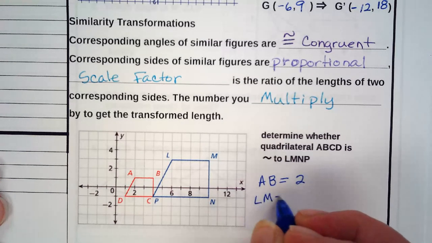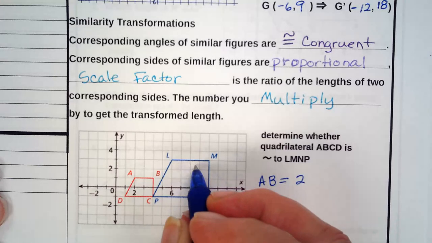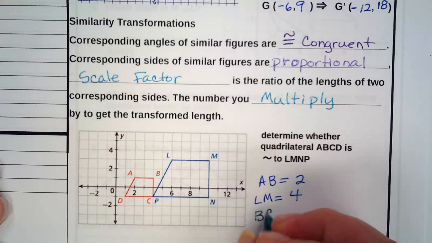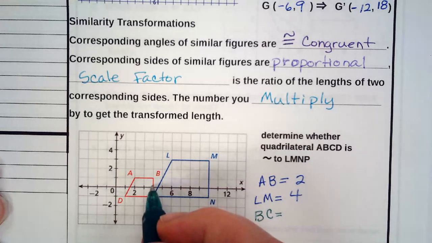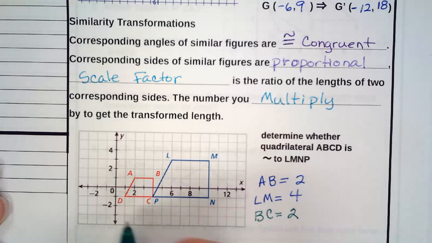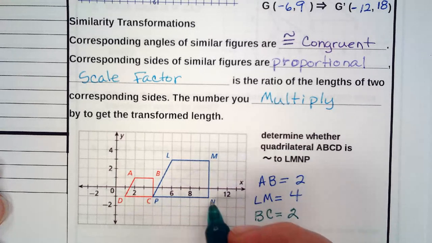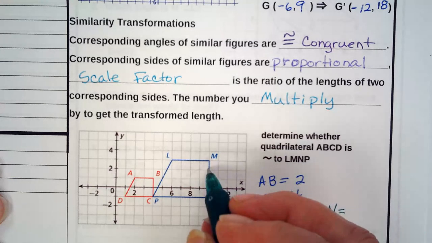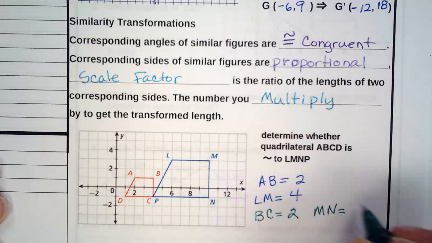LM is 1, 2, 3, 4. Okay, let's look at BC. BC is 2. Let's look at MN. 1, 2, 3, 4.